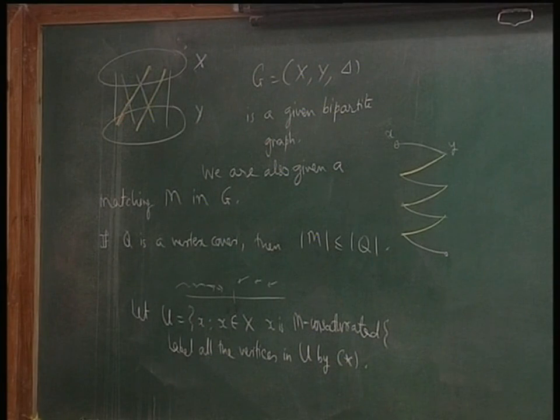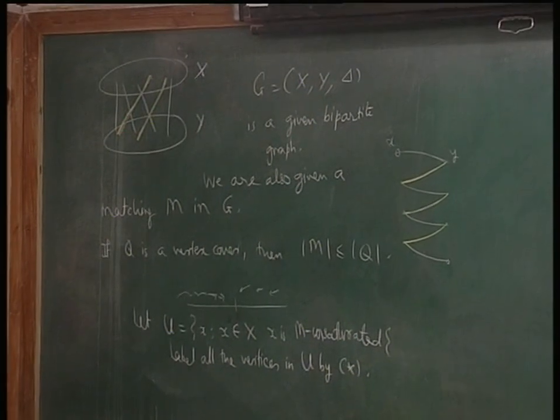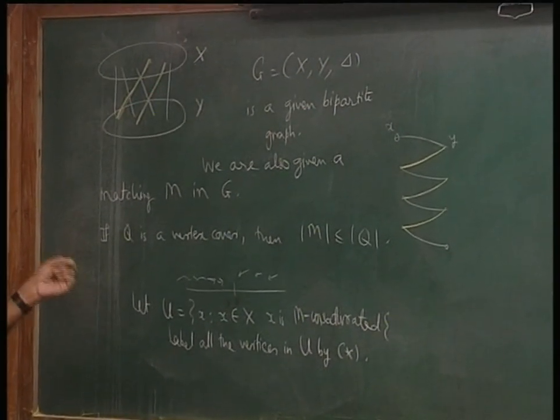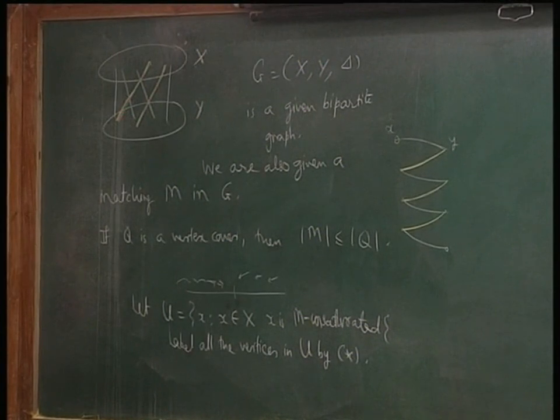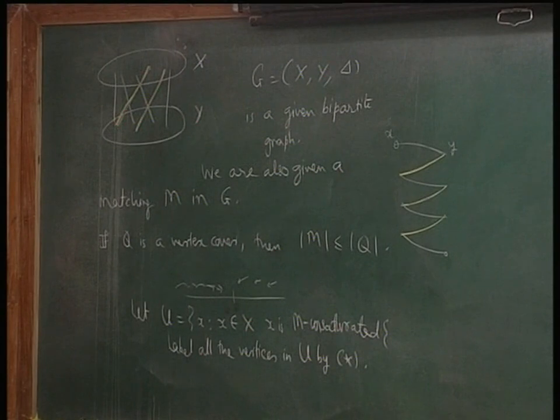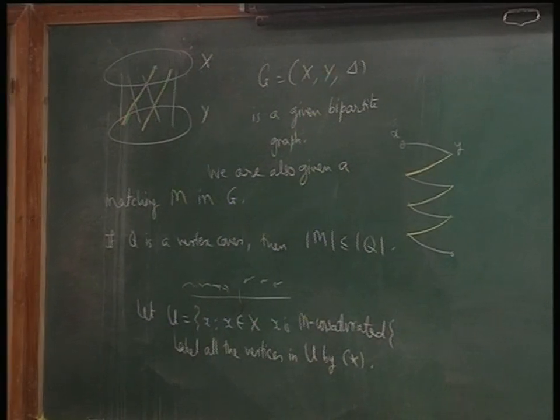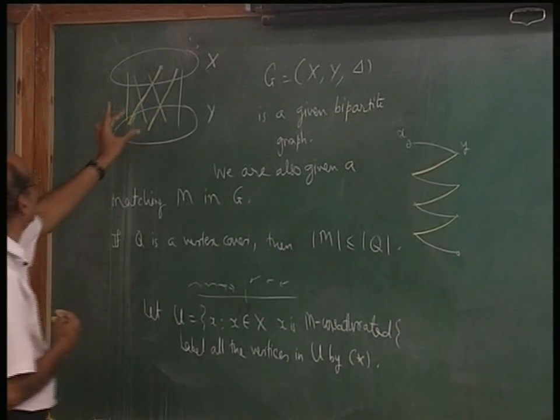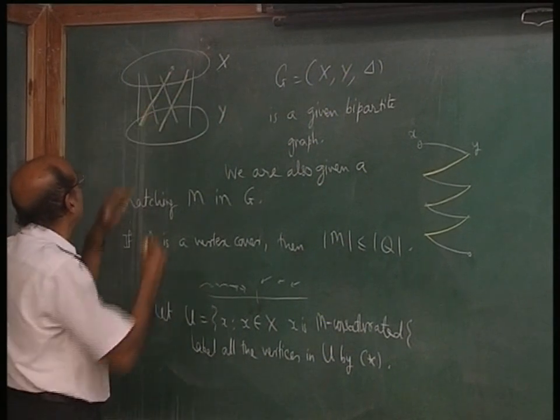I think what you should do is consult a book to see how you run an algorithm even on a moderately small, moderately large graph, something that has 10 vertices on each side. Try running the algorithm actually. So for example, those 2 vertices are saturated.